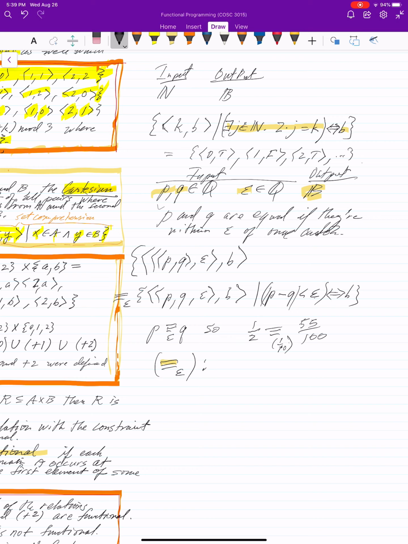And in Haskell, we would write: has the type Q, arrow, Q, arrow, Q. I guess I should say this differently because it actually doesn't have that type.